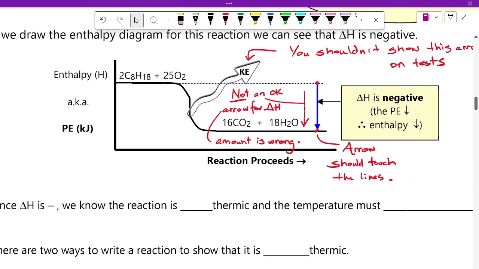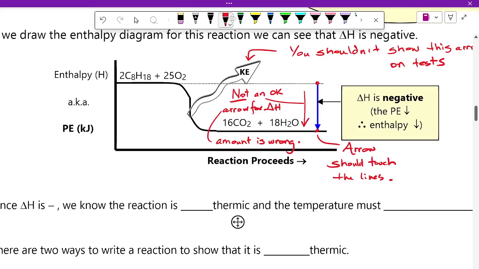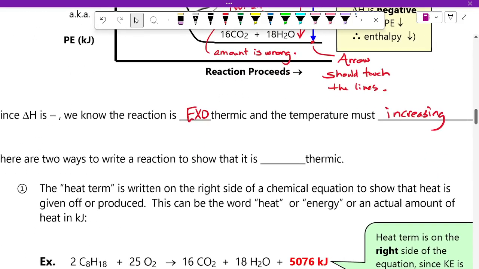Okay, and we know this reaction is endo or exothermic. This one is exothermic. And the temperature, therefore, must be increasing or decreasing? Increasing. There are two ways to write a reaction to show that it is exothermic.